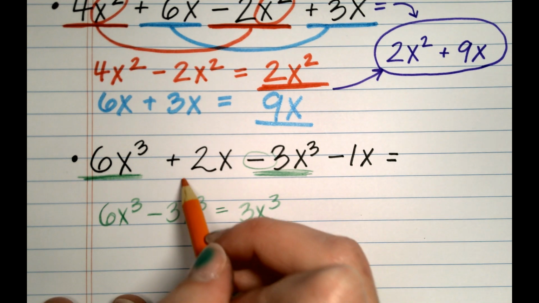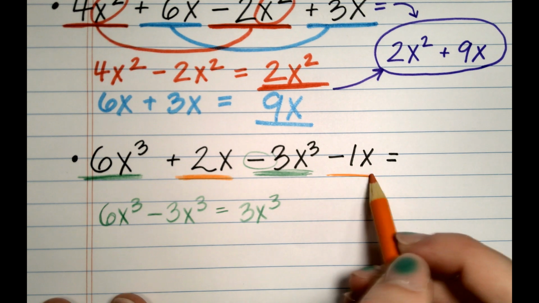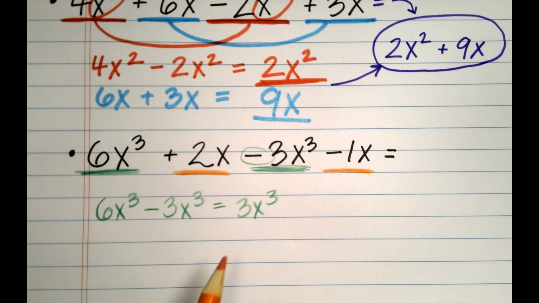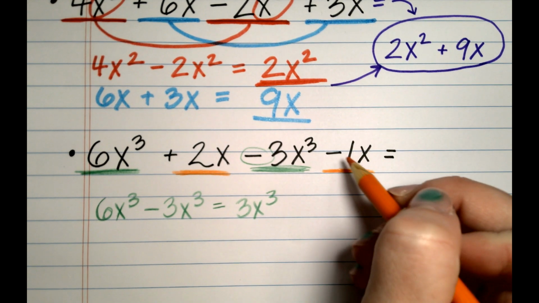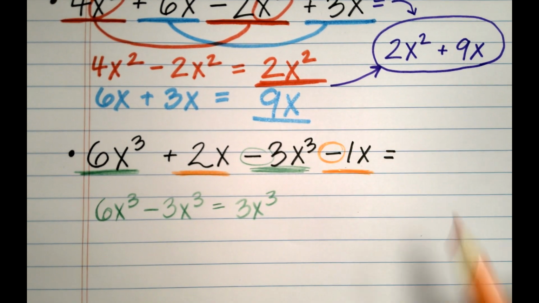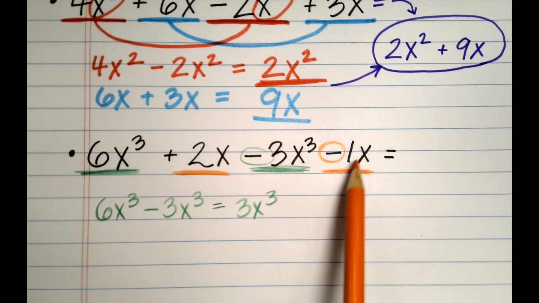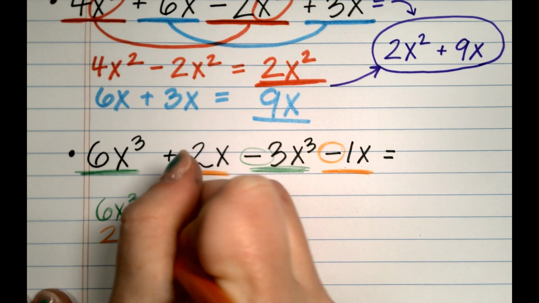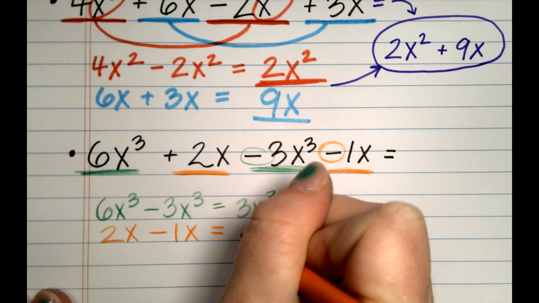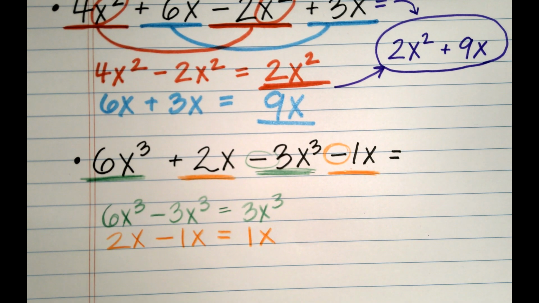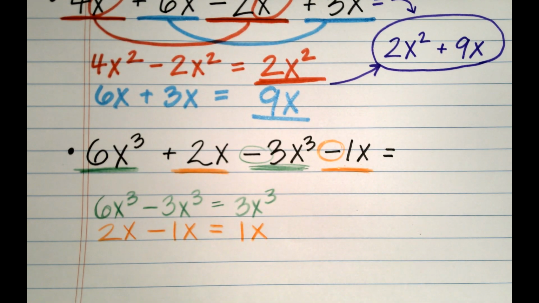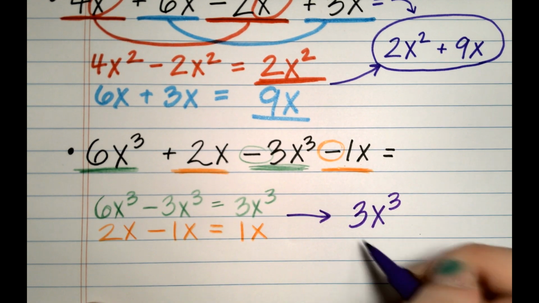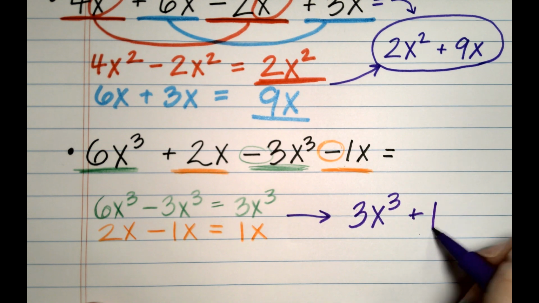My 2x and my 1x. We combine those by subtracting, because the minus tells us we're going to do 2x minus 1x. That gives us 1x. So how would we write our answer? Perfect. 3x to the third power plus 1x.